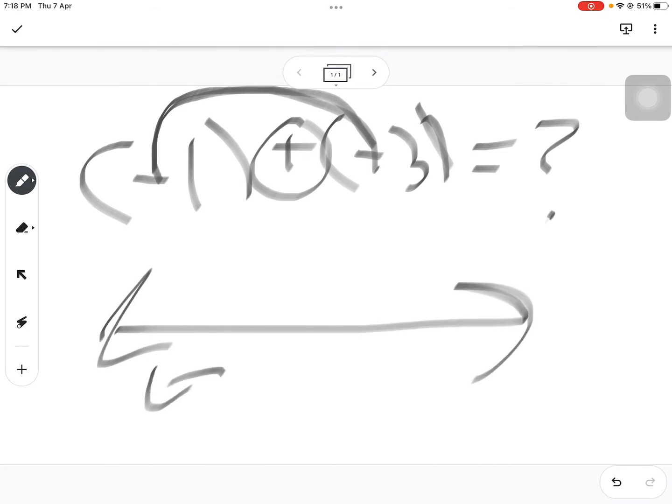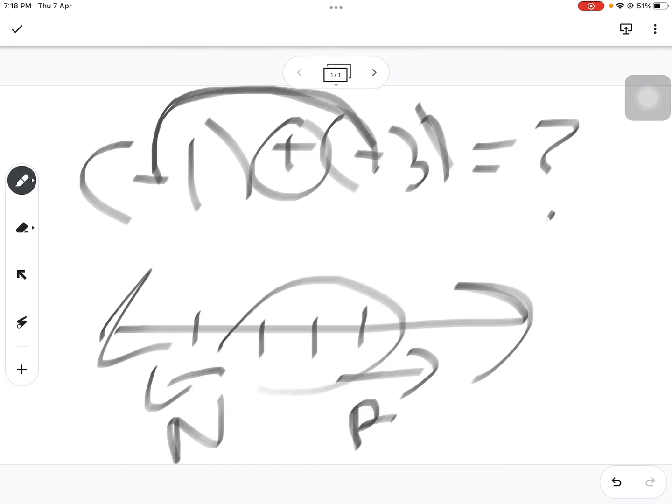This is always the negative side and this is the positive side. So negative 1 is on the negative side. Then if we add, it will be 1, 2, 3. This is negative 1, negative 2, negative 3, negative 4. The answer will be negative 4.